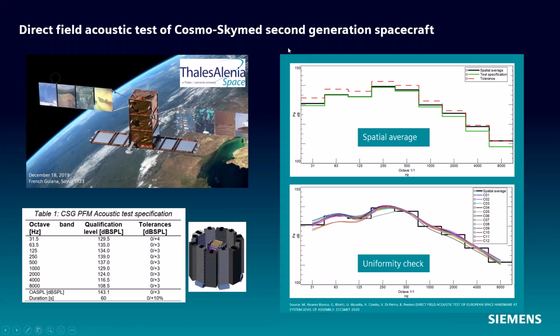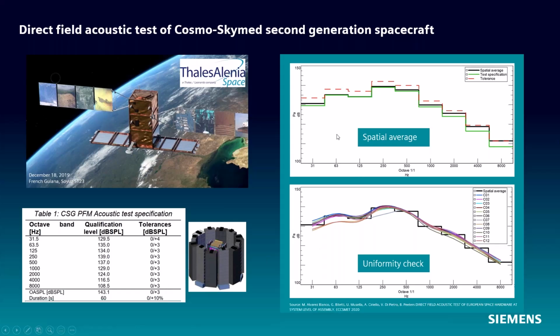And here's some examples of acoustic test specification. You have some qualification levels in dB, sound pressure levels. You have an overall sound pressure level, you have a duration for the test, and then you have tolerances on top of that.